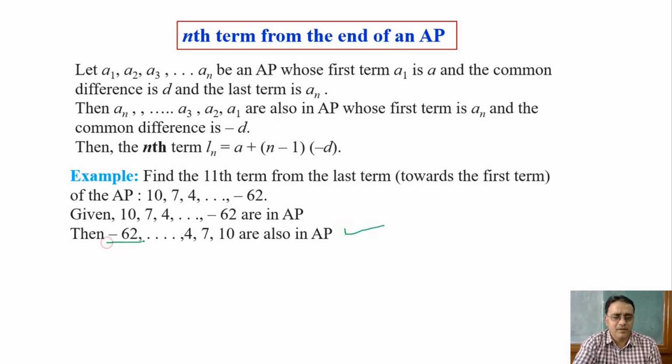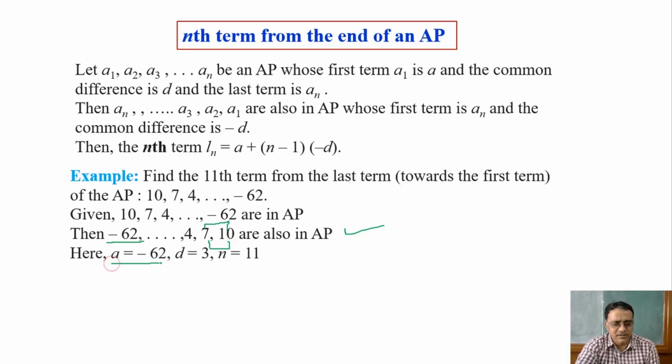Minus 62. And what is the common difference? For common difference, we take any term minus its preceding term. 10 minus 7, 3. Right. So the first term here is minus 62, common difference is 3, and we have to find the 11th term from the last term, meaning this is the last term.